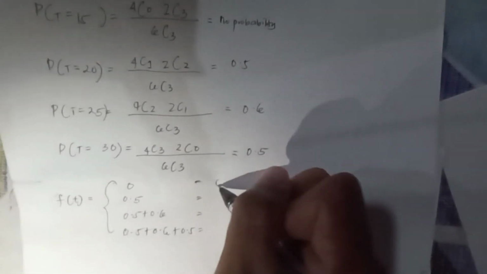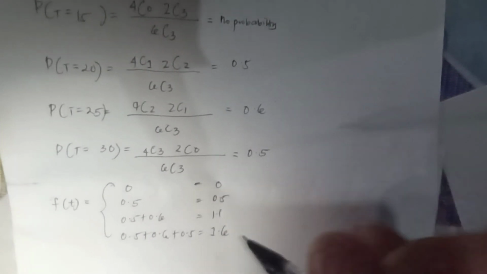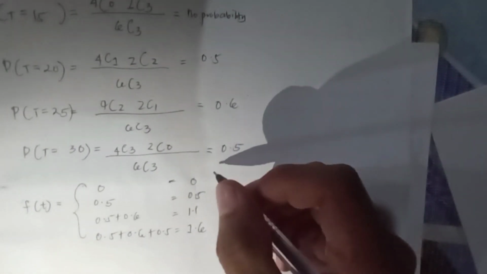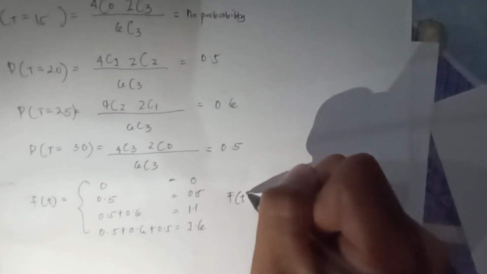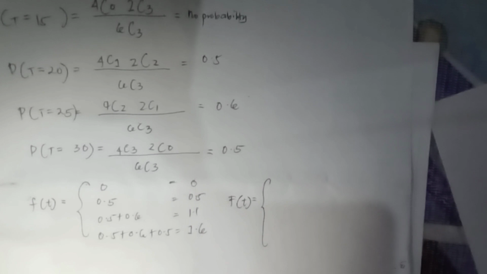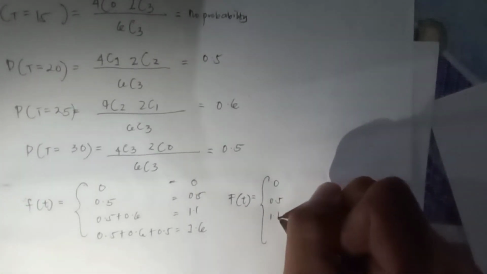So you get the values 0, 0.5, 1.1, and 1.6. That is how we're going to use these values. And then for the final touch, you have your answer here between 0, 0.5, 1.1, and 1.6.